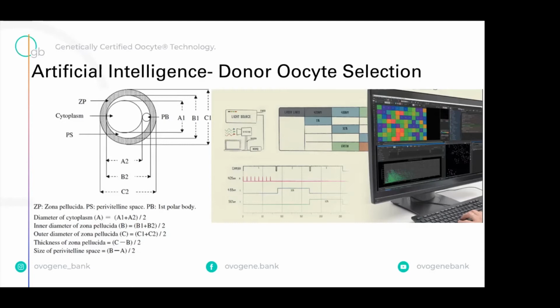The light source catches all the images, and then the main calculation starts with a different algorithm. Finally we have all the data in one graph, and we understand from the system which oocyte has high potential for freezing, and high potential for fertilization and blastocyst outcome.